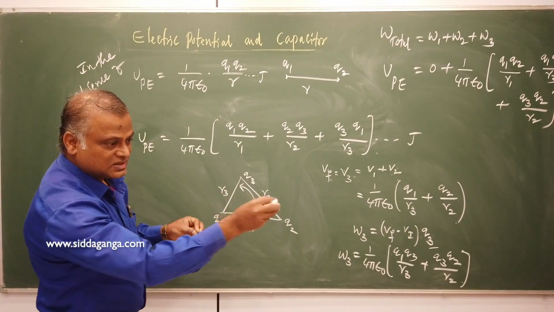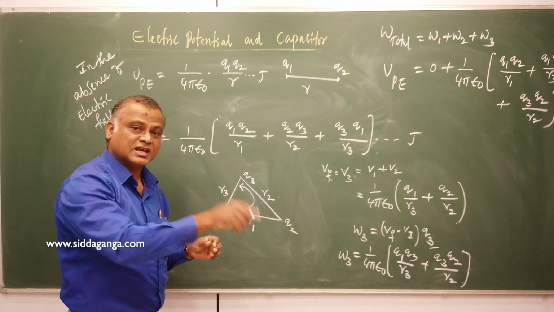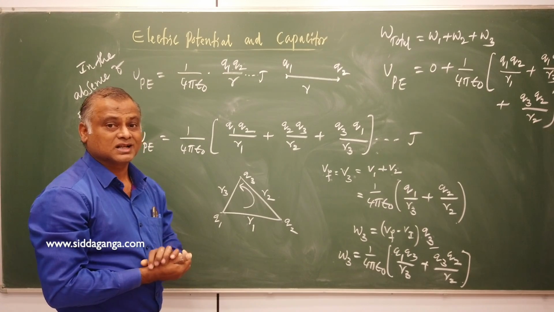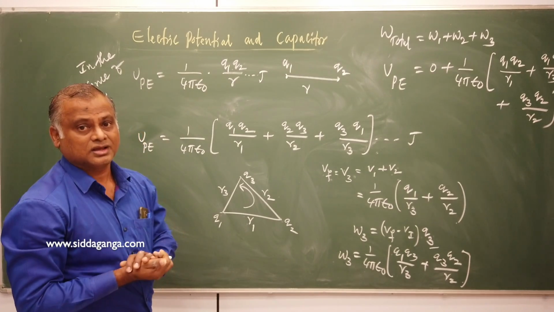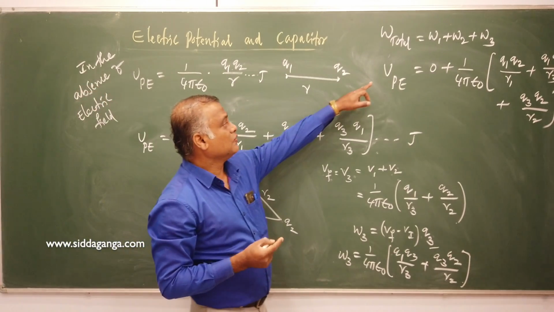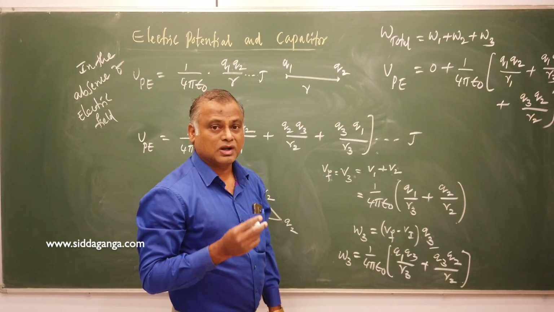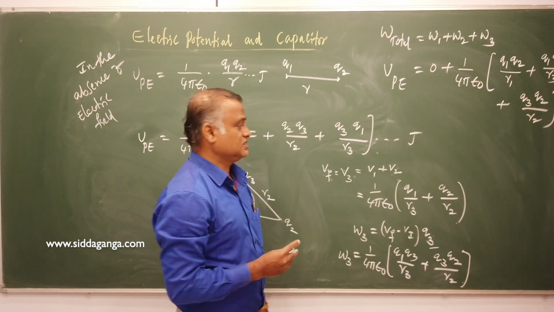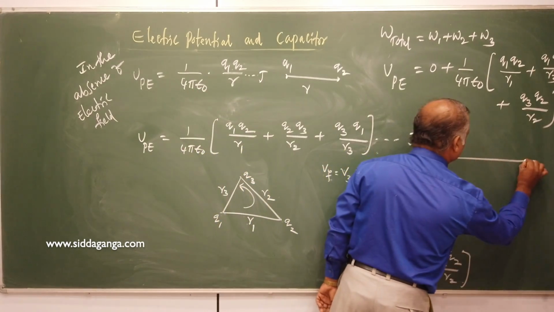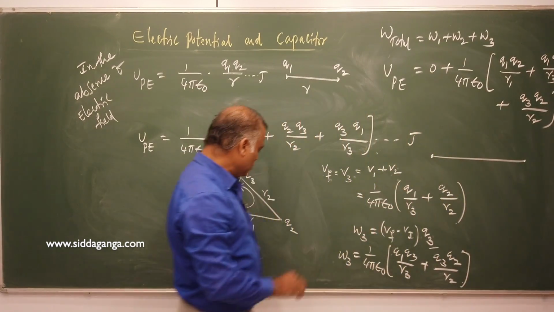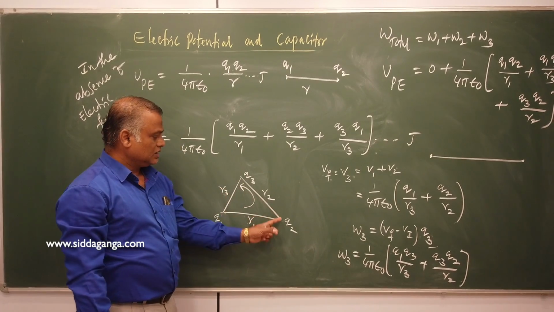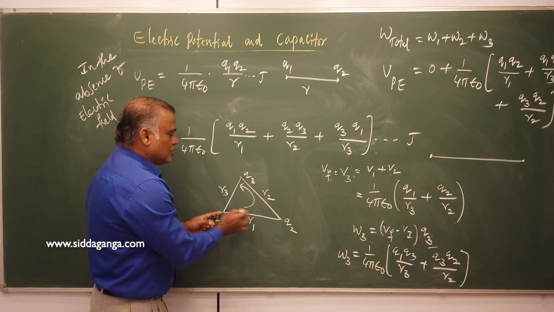When they occupy some space, by virtue of their position, they possess certain potential energy, and that stored energy we call potential energy. Now let me solve one problem for you. Say the question is this. I told you earlier, these need not look like a triangle.